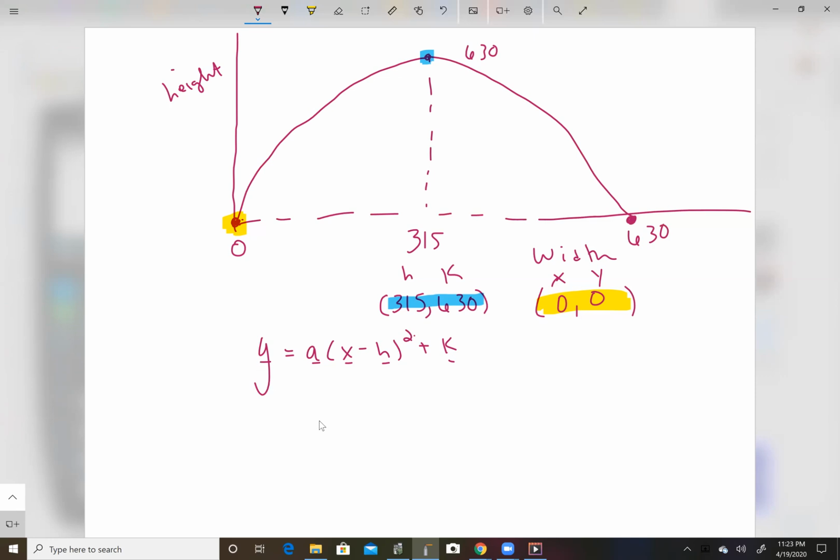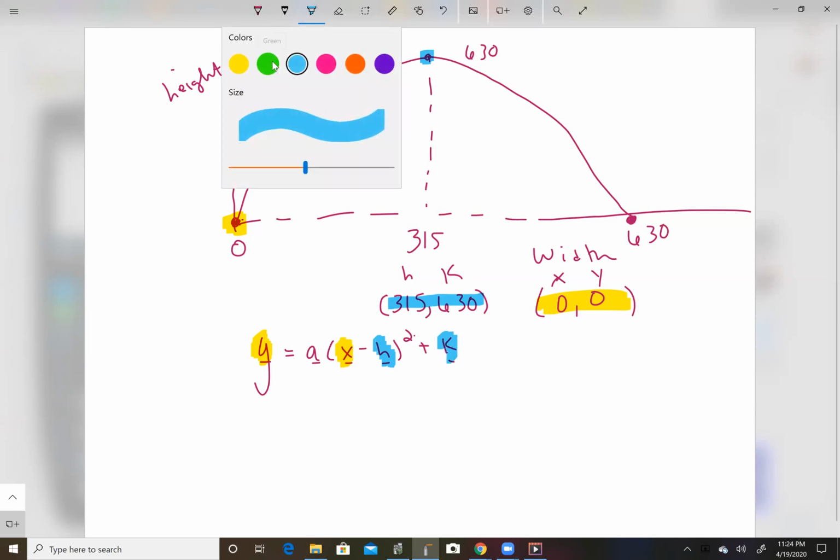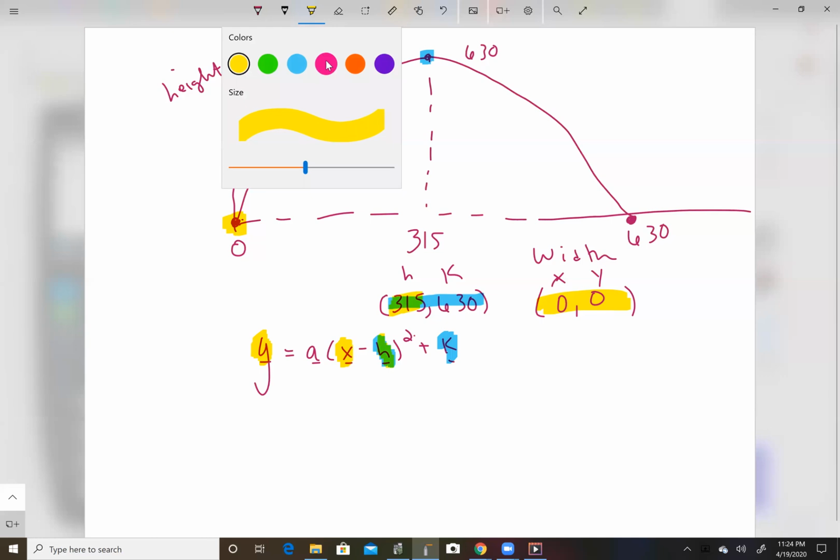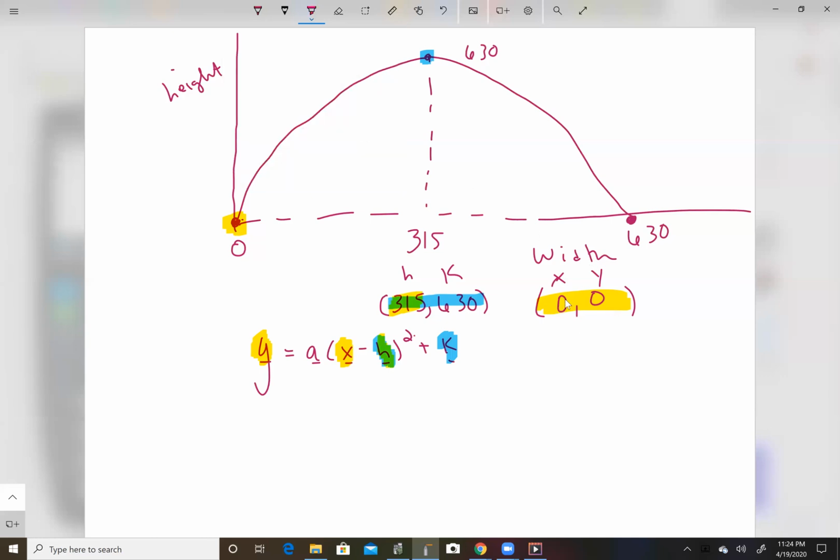So instead of y, I'm going to put 0 because it's yellow. And this is also one of the yellow points. And then my h and my k are there. And maybe I'll make my h kind of a green color because that's going to be that one. And maybe I'll add some pink to my x because that's going to be there.